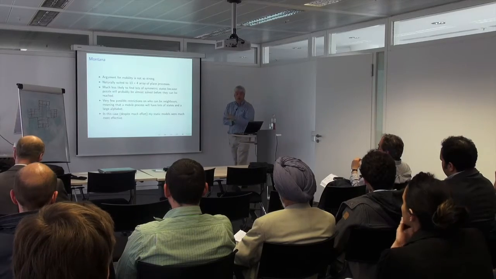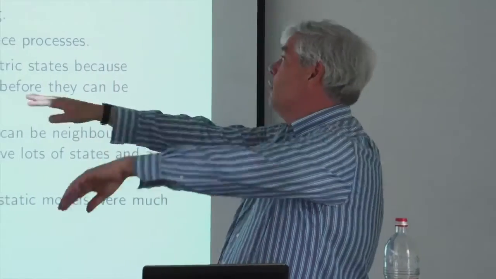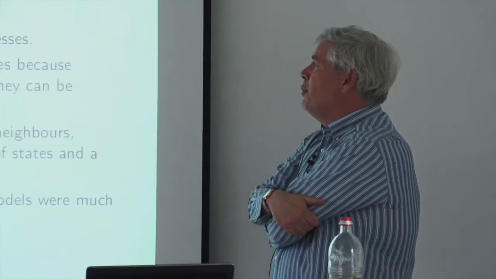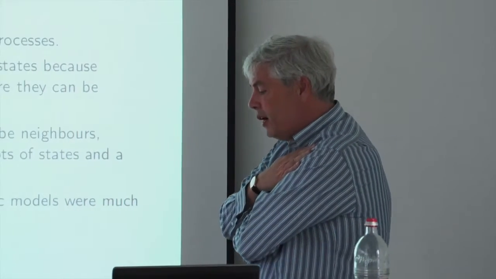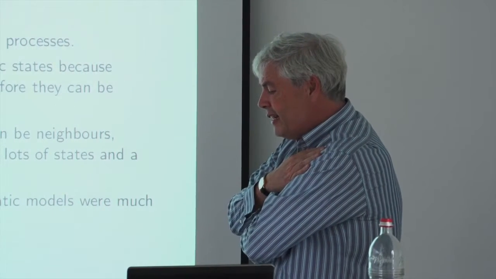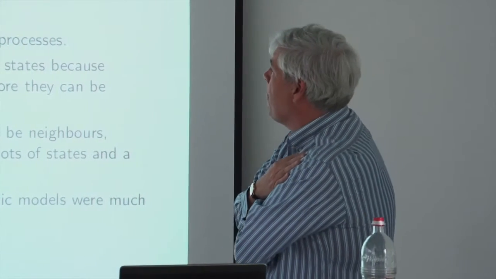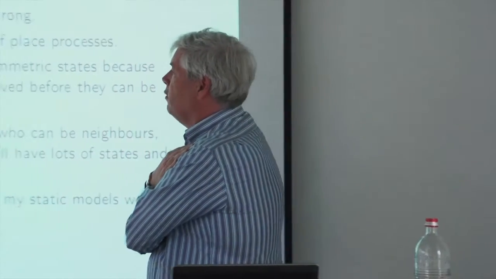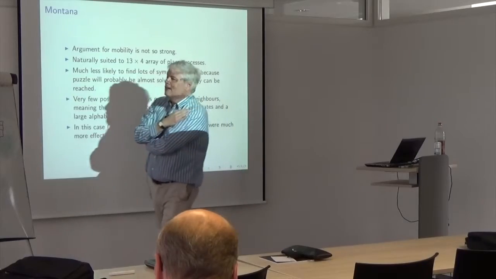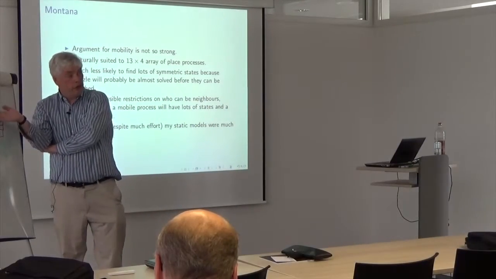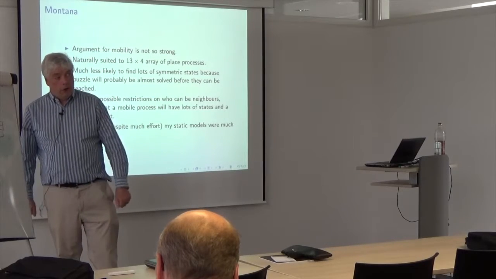Montana, that we saw before, when you have this great array of cards, the argument for mobility is not so strong. So I want to talk about this as an example where mobility doesn't seem to be as necessary. Essentially the cards are laid out in an arrangement very like this. It's fixed for all time, a 13 by 4 array.